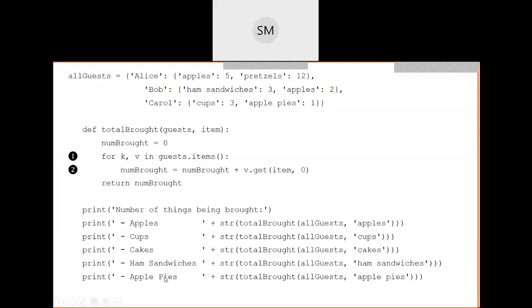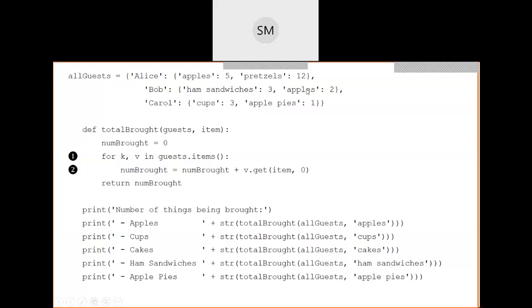If you observe, the expected output will be like this. Apples will have some count here. Cups will also have some count, because the cups key is present in our dictionary. Cakes will be 0, because the cakes key is not present in our dictionary.